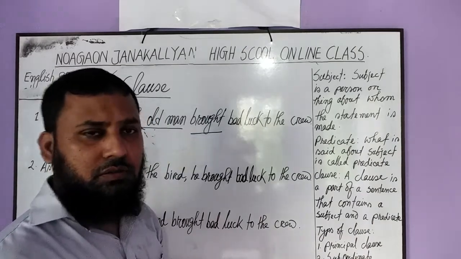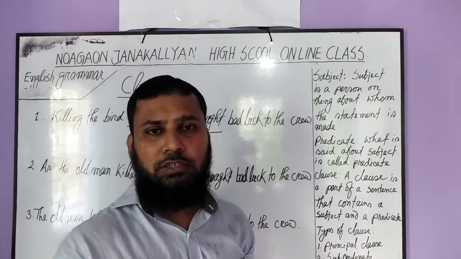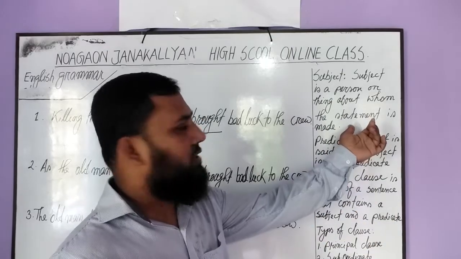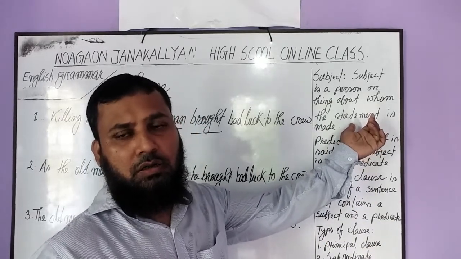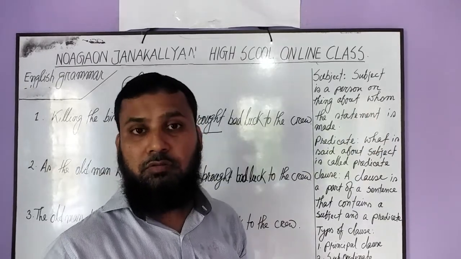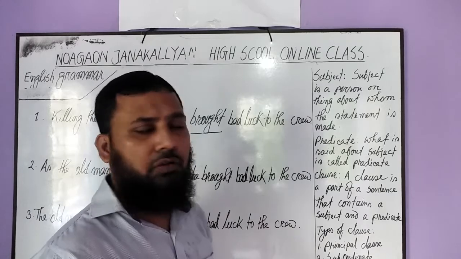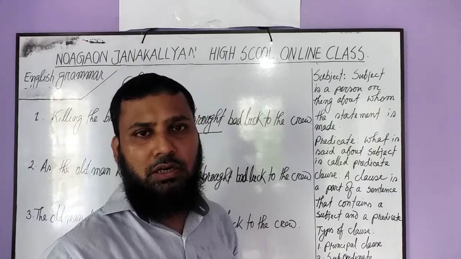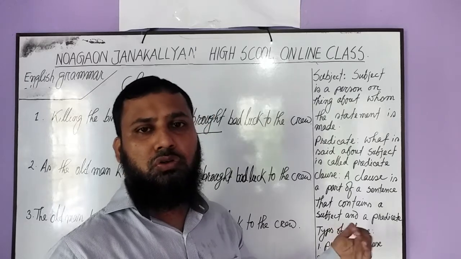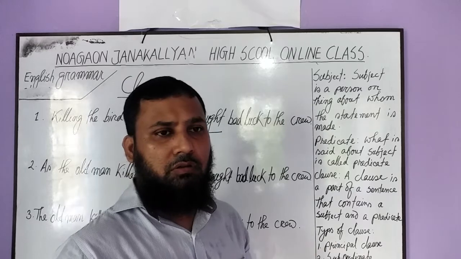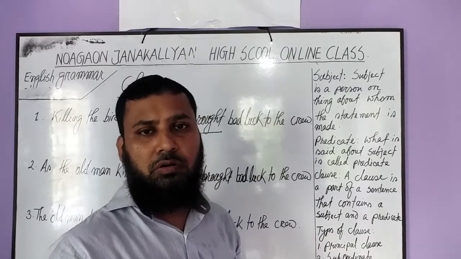So, dear learners, how can we identify our subject from a sentence? You know that the most important part of a sentence is verb. So if we want to select our subject from a sentence, at first we have to go to our verb, because verb is called the door word of a sentence.